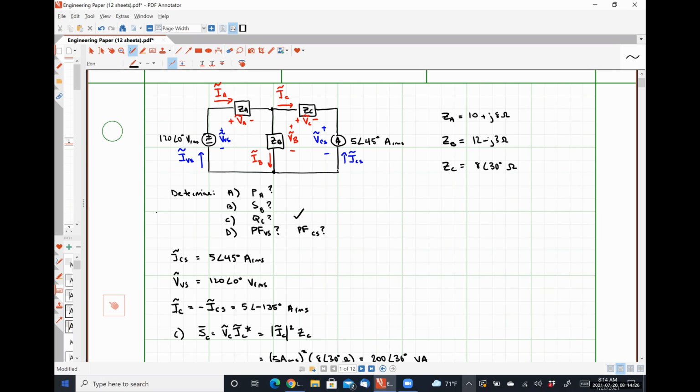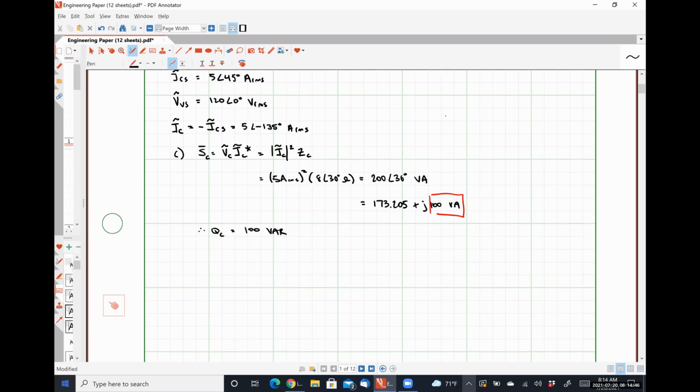And with my current source on and my voltage source off, I can easily figure out VA and VB as well, just using Ohm's law, because I know how much current is going to flow through that combination of impedances, right?